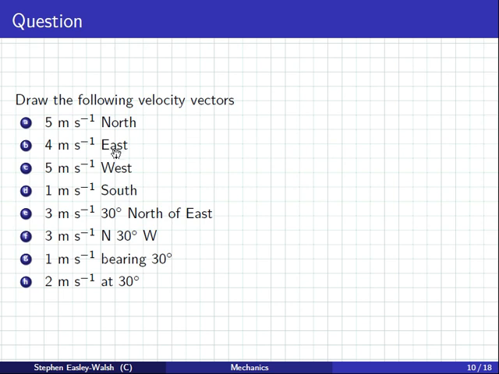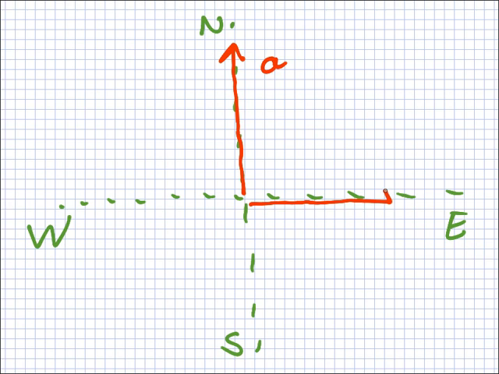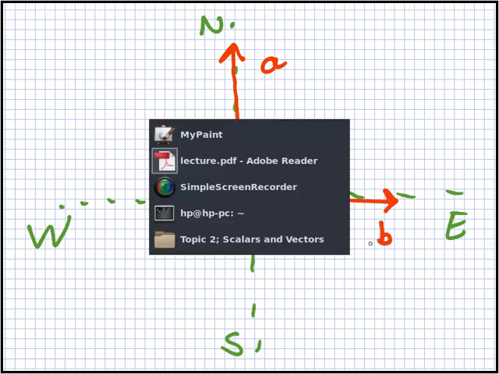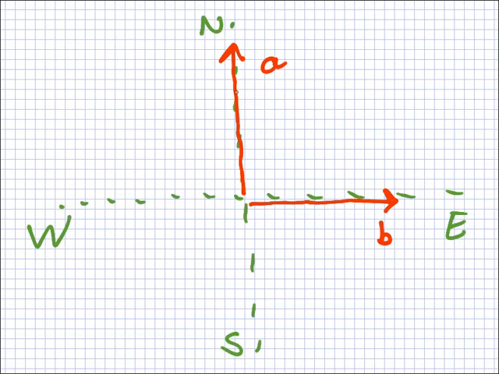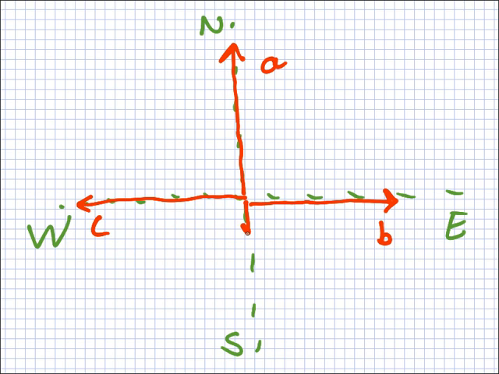So the second one you should be okay with, for east. If that's 5, then I would say about that is 4 maybe? 5 west should definitely be the same. So that is 5 west. 1 south would just be something like that.